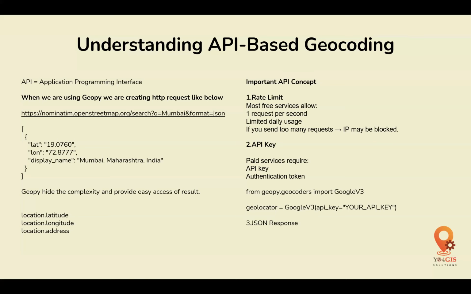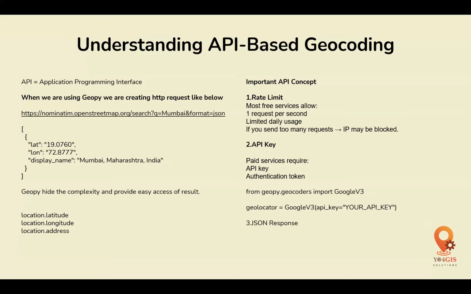So, understanding API based geocoding: each and every company, as we have already seen in the previous slide, has published some APIs, and they are saying if you want to do geocoding or reverse geocoding, you can use that API and get the result.